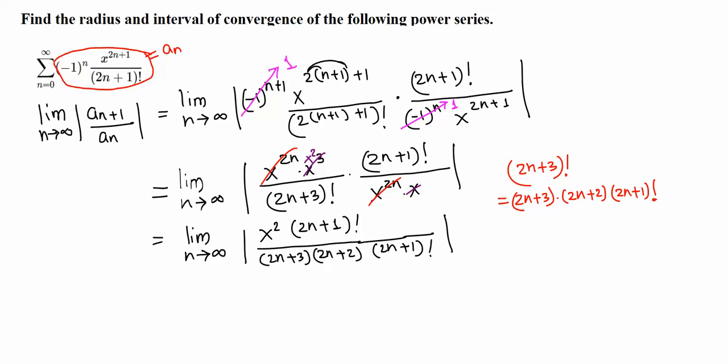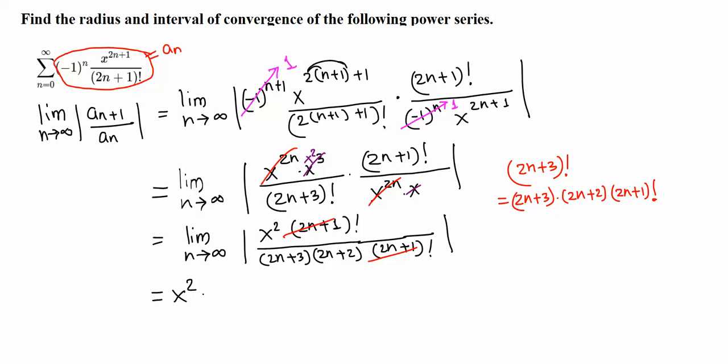Then we can cancel (2n+1) factorial from top and bottom. The absolute value of x^2 is always positive, and so are 2n+3 and 2n+2 because n is going to infinity, so we don't need the absolute value anymore. This limit is independent of x^2, so we can pull x^2 all the way outside.